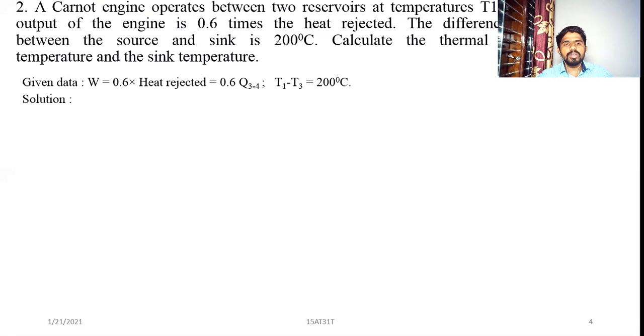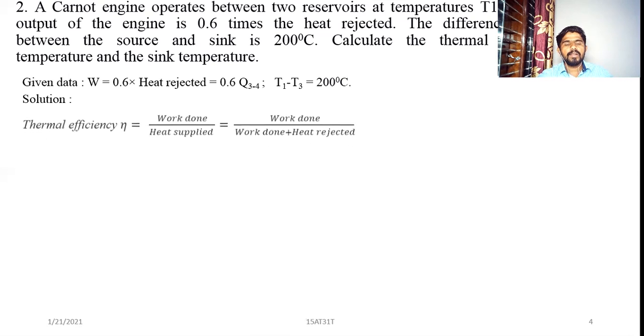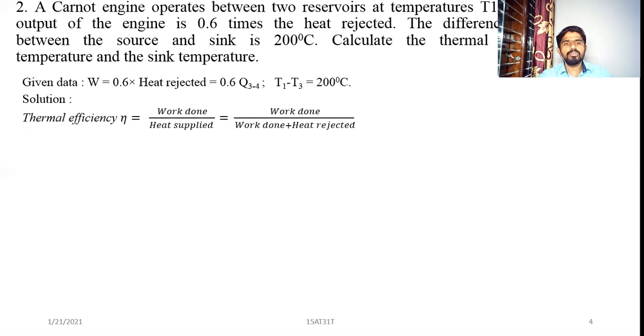And the solution: what do you have to calculate first? You have to calculate the thermal efficiency. So let us start with the thermal efficiency. We know that it is the ratio of work done to heat supplied.